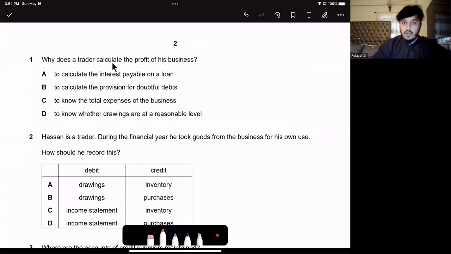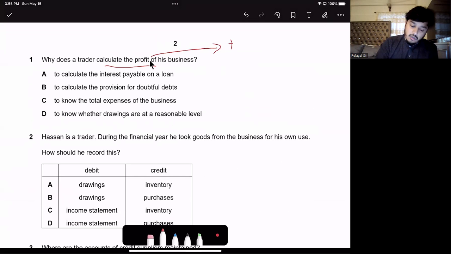why does a trader calculate the profit of his business? Well, a trader normally calculates profit of a business to measure his business performance, and also to understand how much money he can withdraw. So what are the purposes?